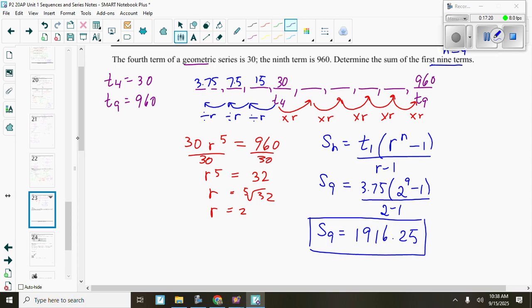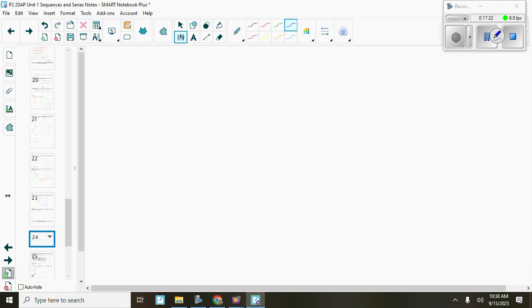All right. So if we wanted to set this up as a system of equations, again, we have term 4 is equal to 30. Term 9 was 960. If we set this up, we would be using our n minus 1 formula in order to solve our T1.